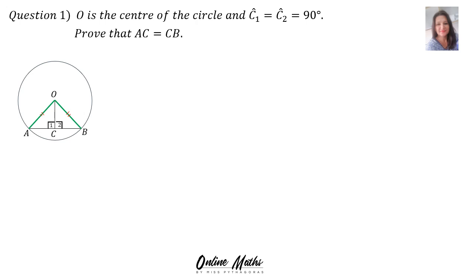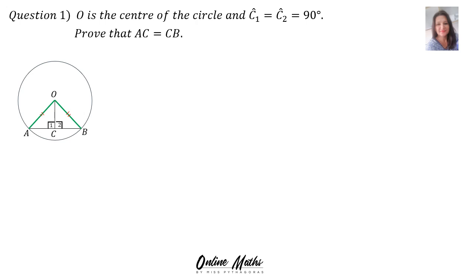Once we can prove that the 2 triangles are congruent, the conclusion we can make is that the congruency means that the 2 triangles are exactly equal. Therefore, the side AC will be equal to side CB.